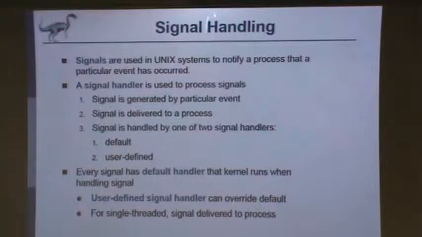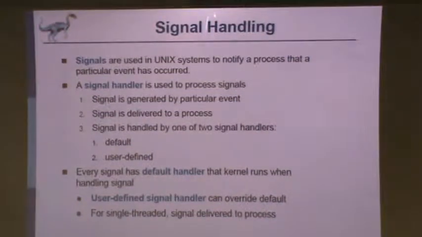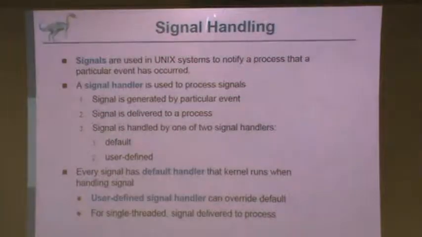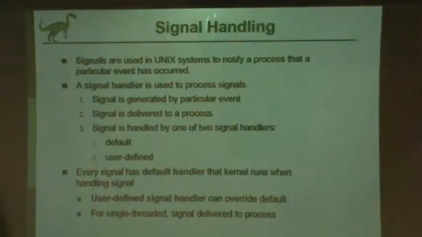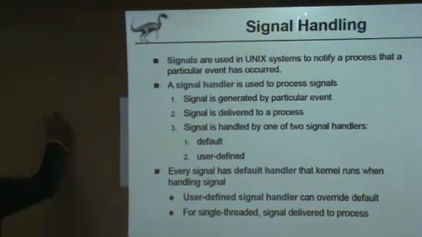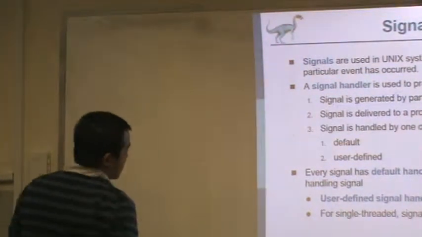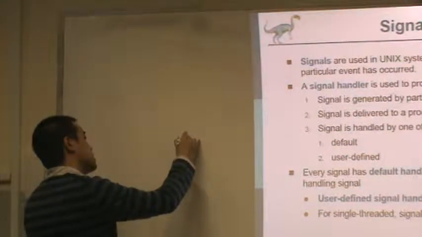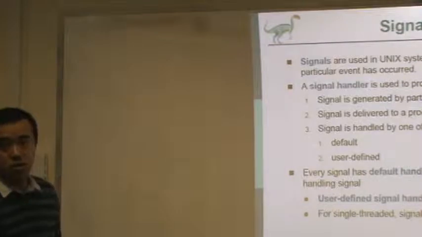Signal is a kind of event. When the system has some event, it will give a signal to some process or thread. For example, in your program, if you make some illegal data access, or divide a variable by 0, it will cause a signal.